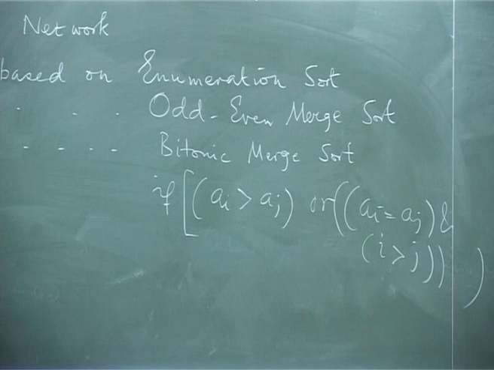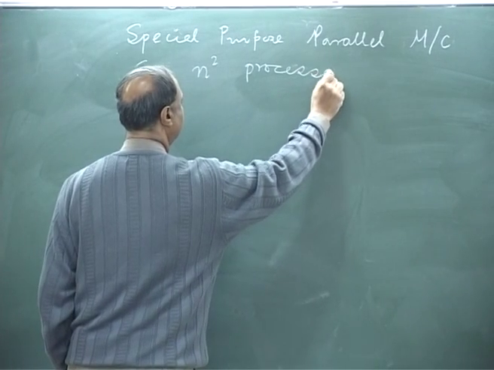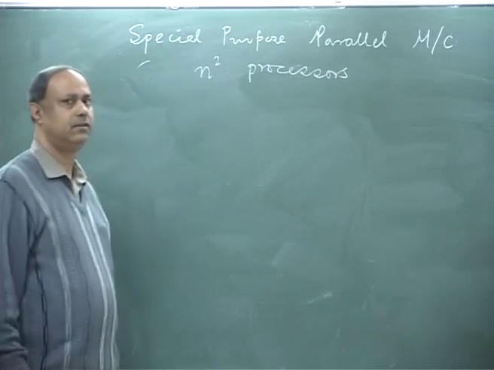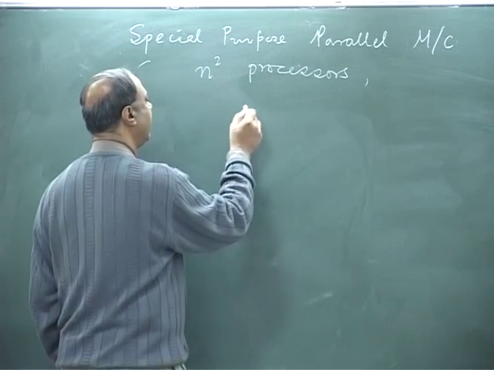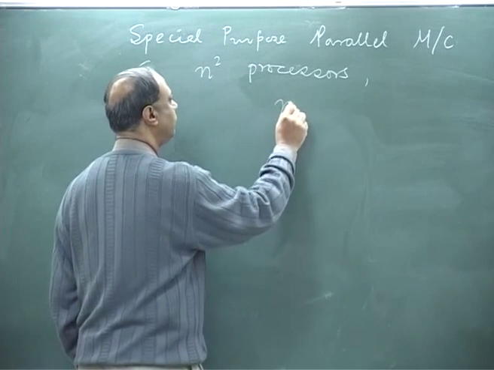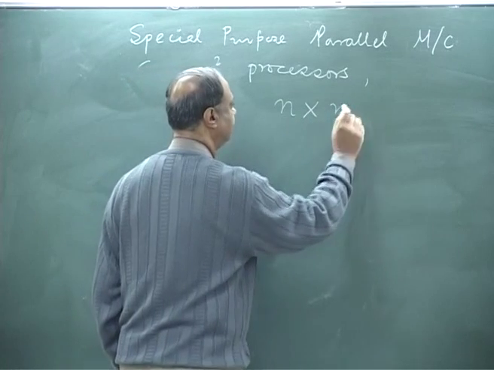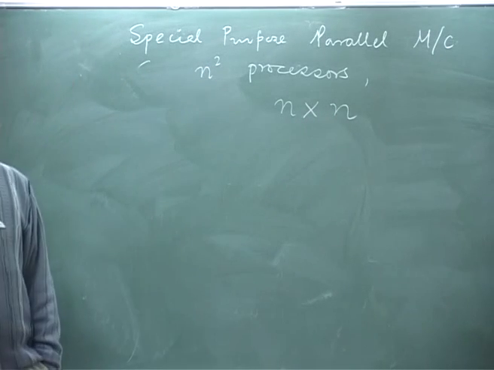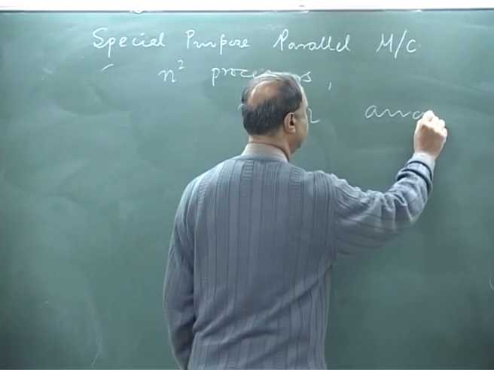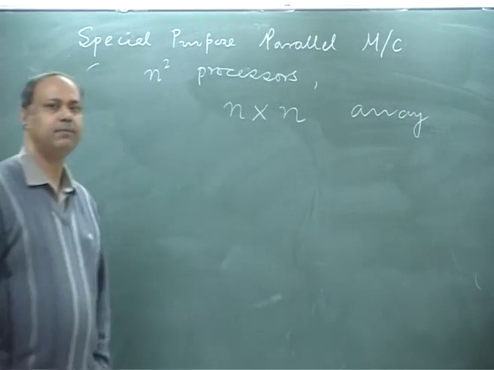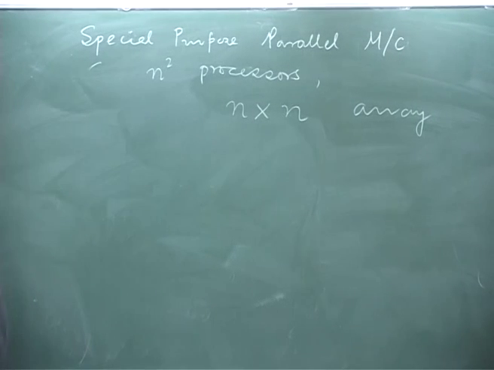Now, the sorting network which has been designed based on this strategy is as follows. These n-square processors are arranged in the form of a two-dimensional array, n cross n.